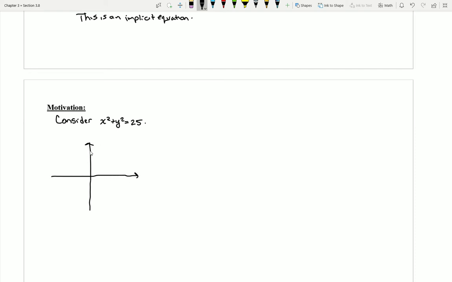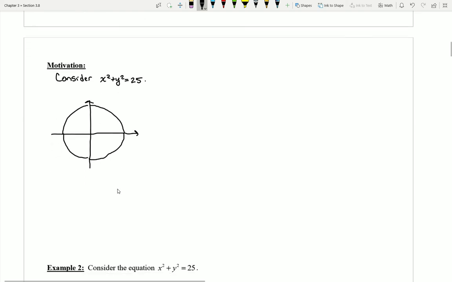Now, what I know right away is that this circle is going to have a radius of 5, right? So something like this. I can see right away this is certainly not a function. It does not pass the vertical line test. But what I would be curious about is, is it possible to see that parts or portions of this particular curve could be viewed as a function if viewed in isolation?